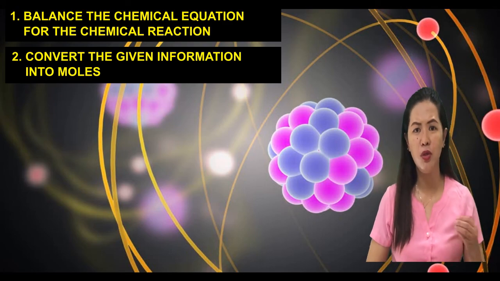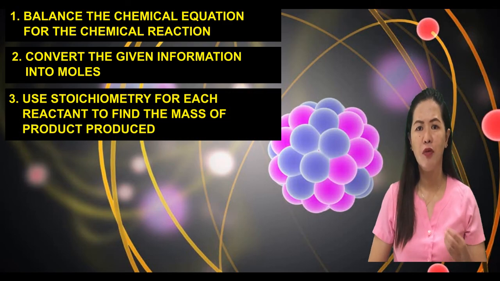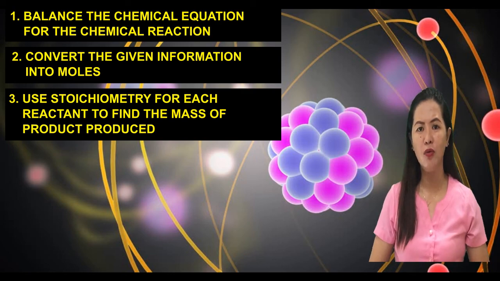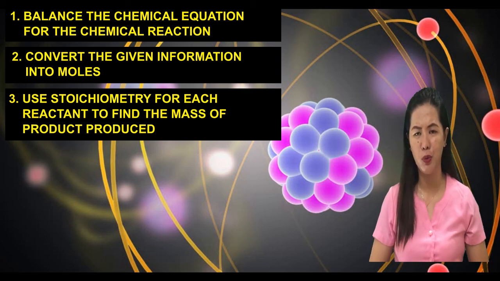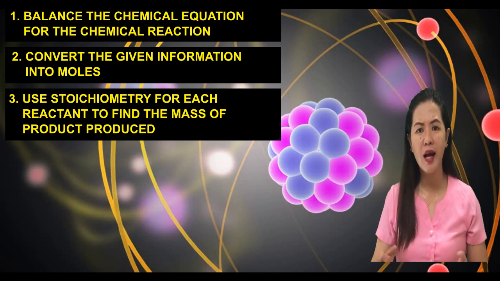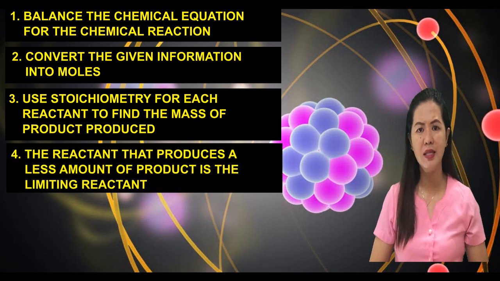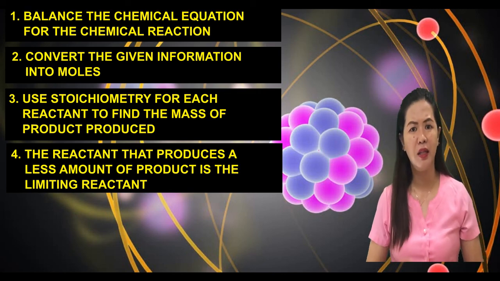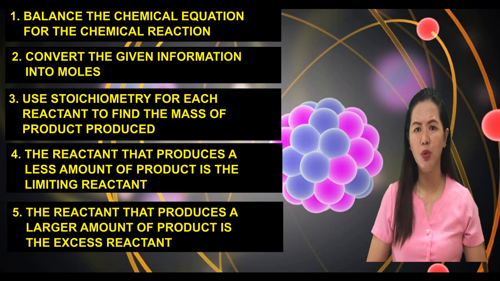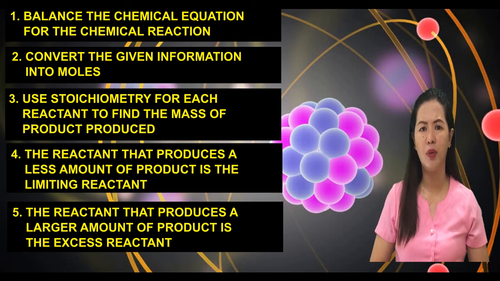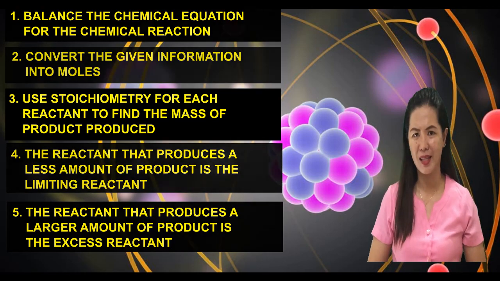Third, use the stoichiometry for each individual reactant to find the mass of the product produced. Fourth, the reactant that produces a lesser amount of the product is the limiting reactant. And the fifth, the reactant that produces a larger amount of product is the excess reactant.